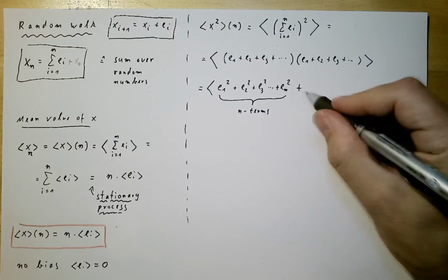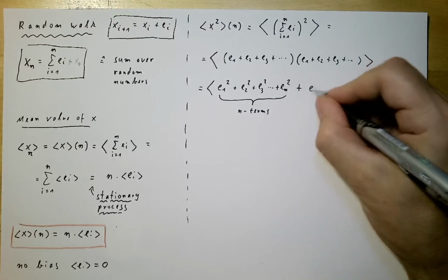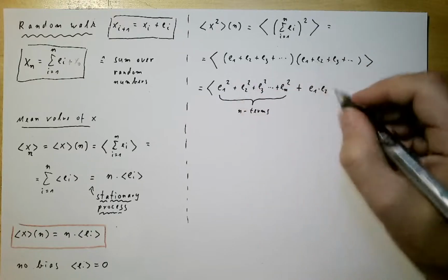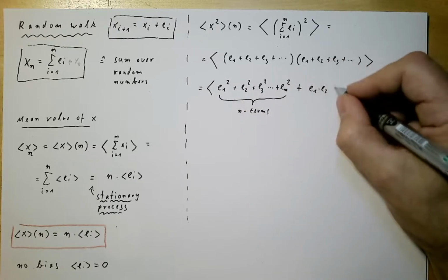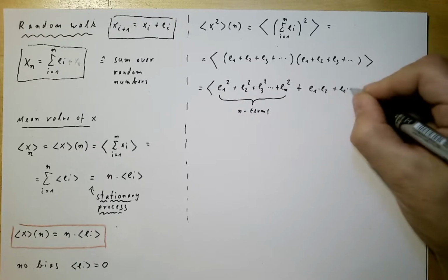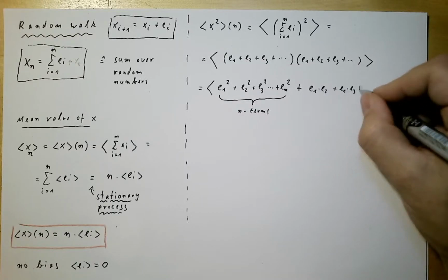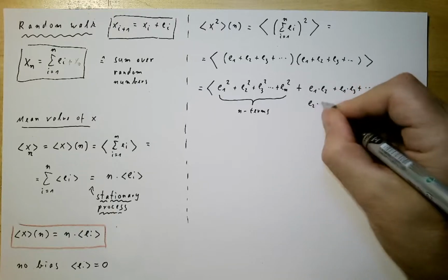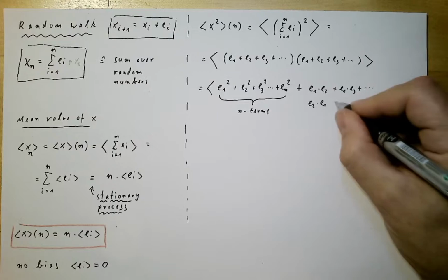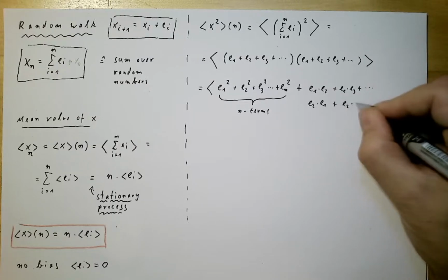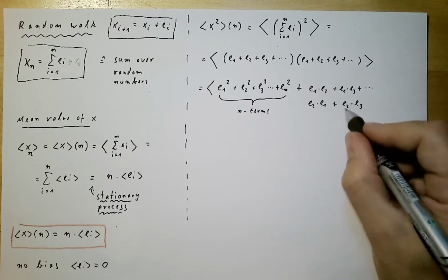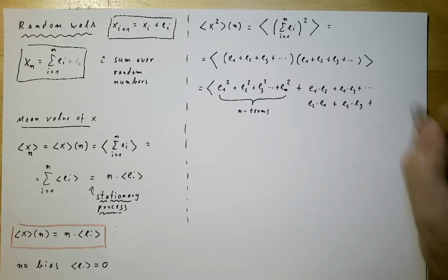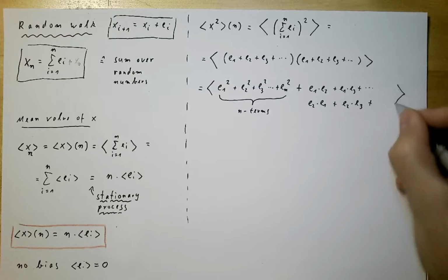And then we get all the mixed terms, so we have e1 times e2. Then we have plus e1 times e3 and so on and so forth. Then we have e2 times e1. Then we have e2 times e3. e2 squared is already gone here, plus, and so on and so forth. And from all this we take the expectation value.